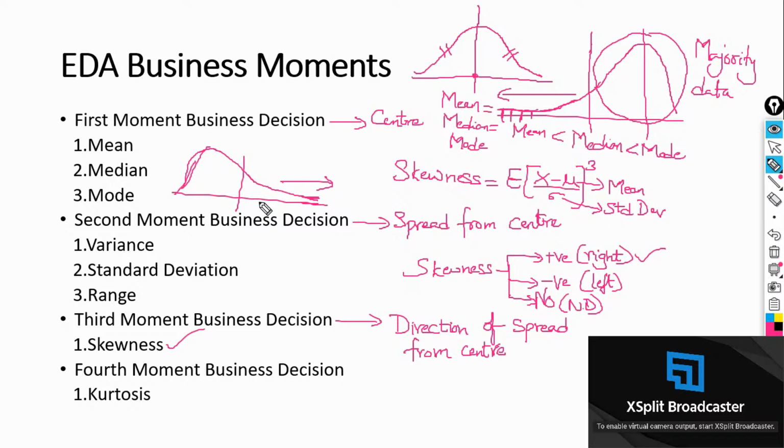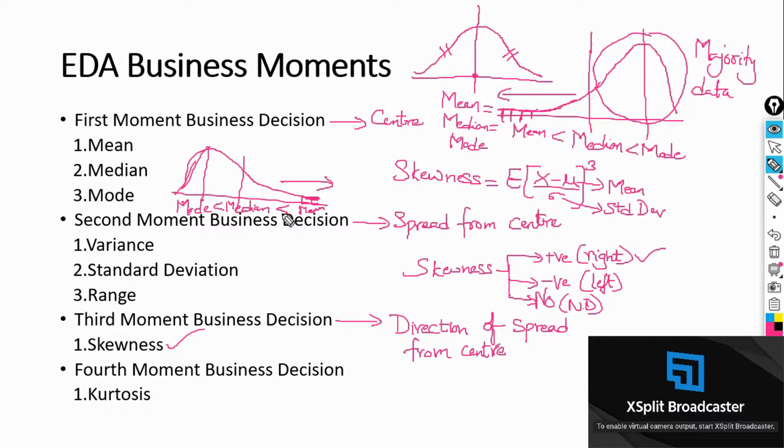Whereas in case of right skewed data, since mean gets influenced by outliers, mean will be somewhere at this position. And median is nothing but the middlemost value, so it will be here. Whereas mode will be under this peak. So in this case, mean will be greater than median, and median will be greater than mode. Okay.